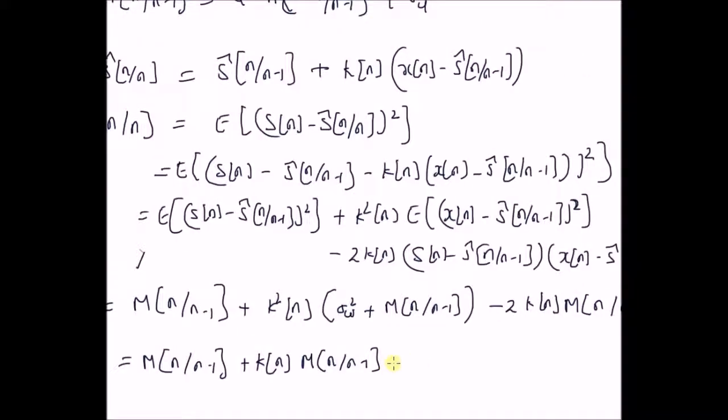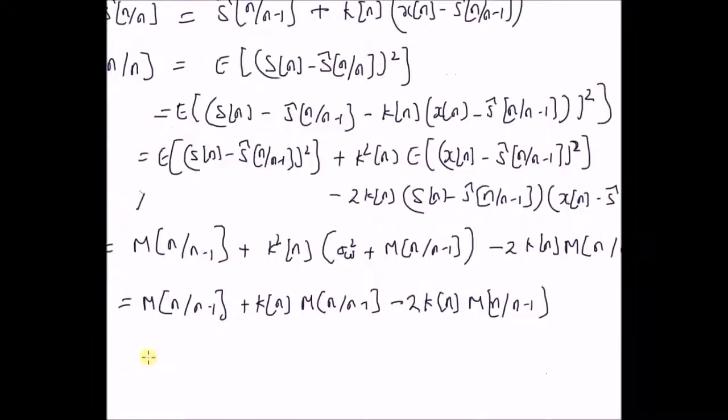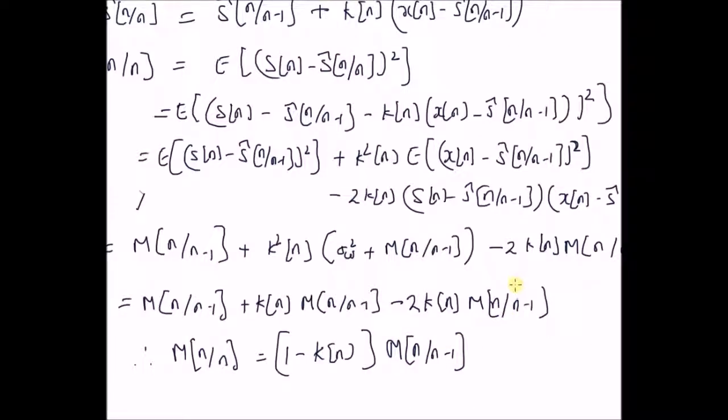And finally here we have 2 times k of n, the prediction error. Therefore, the update error M of n given n is equal to, by taking the prediction error common in all these three terms, 1 minus the Kalman gain multiplied by the prediction error. Thus, we have all the expressions or the equations required for the scalar Kalman filter.